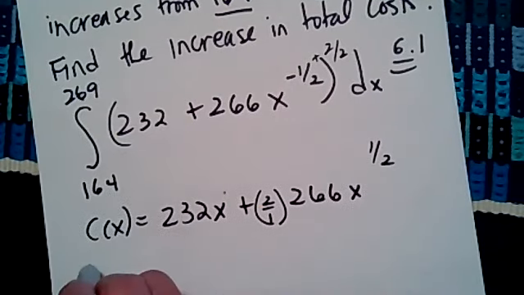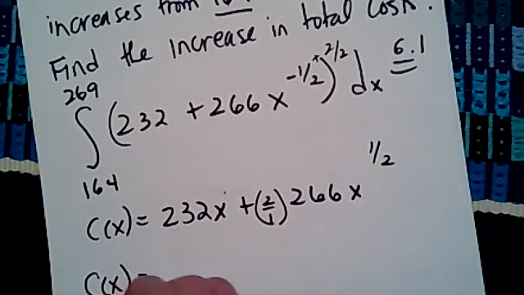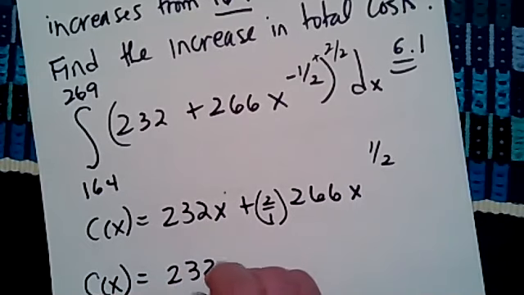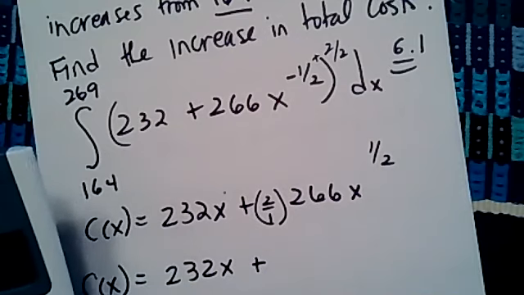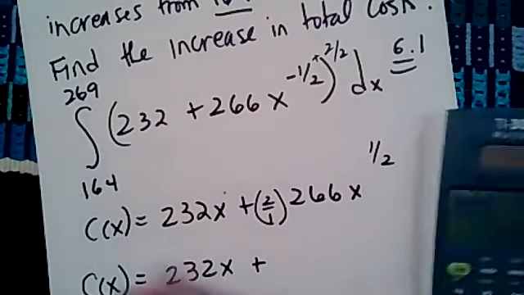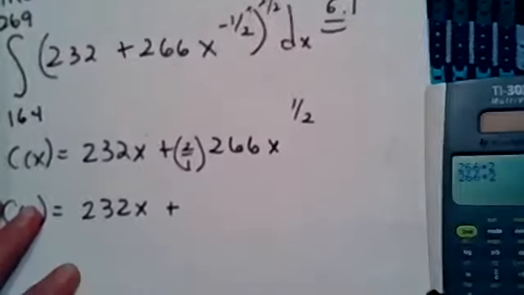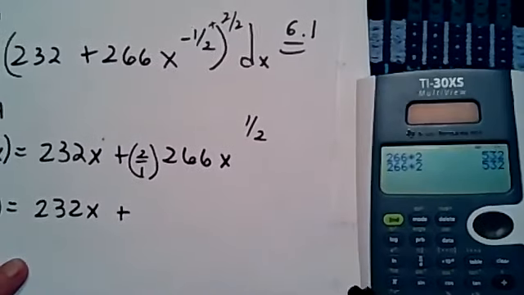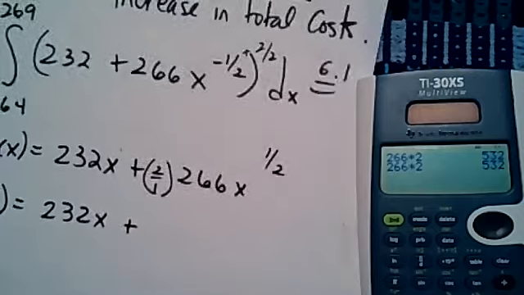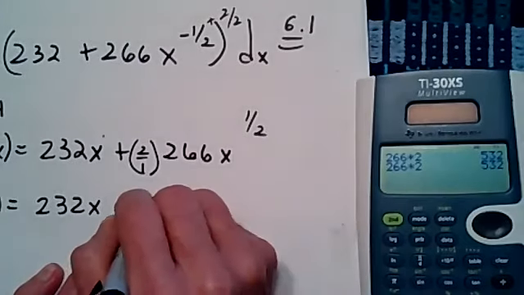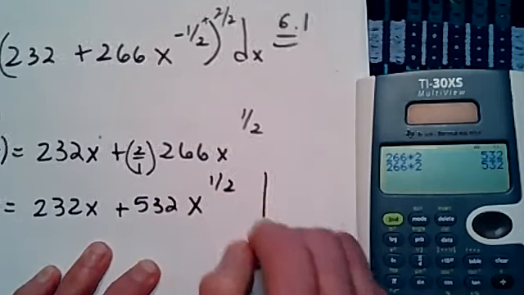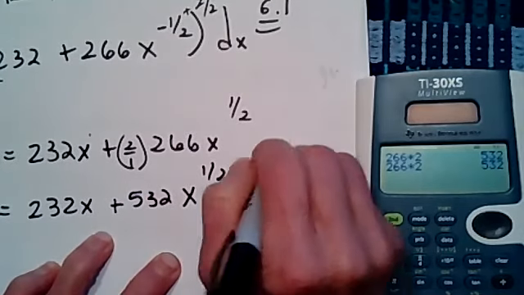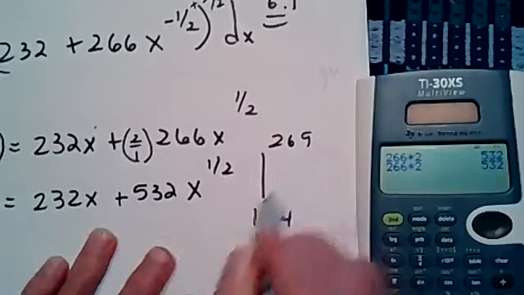So I'm going to do that before I plug in. So it's 232x plus 266 divided by 1/2 or 266 times 2, either one, is 532 x to the 1/2 from 164 to 269.